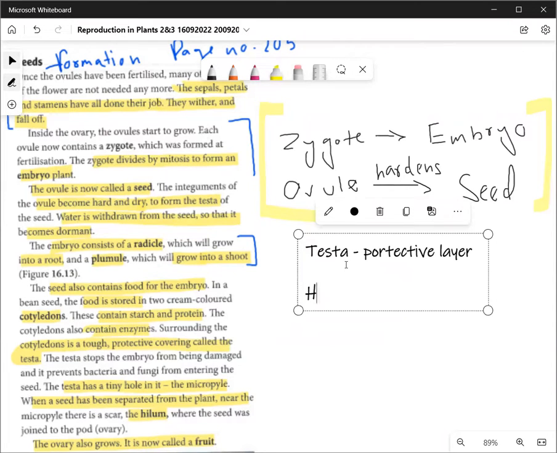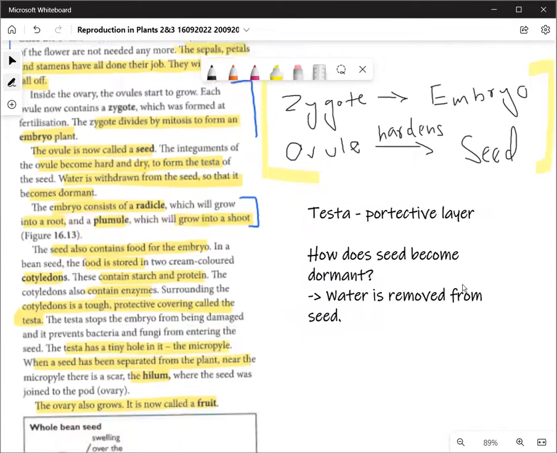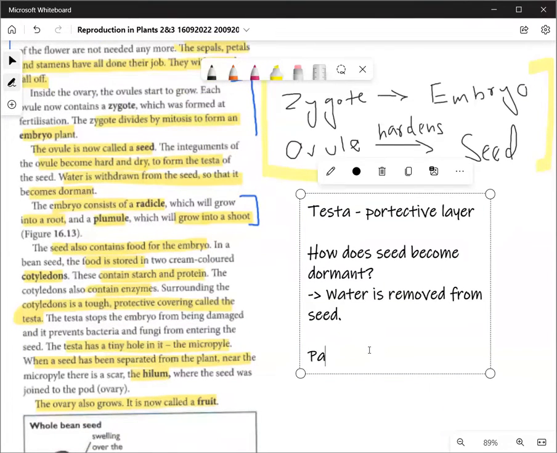Now, another question they may ask you, how does seed become dormant? Water is removed from the seed. Okay, fine.